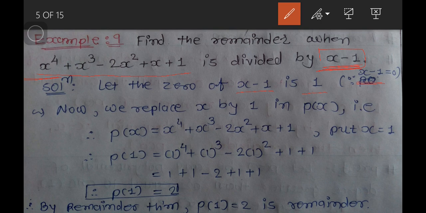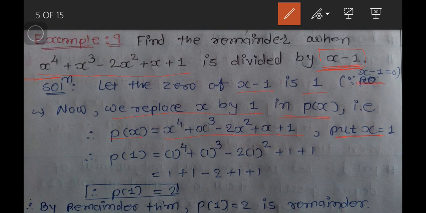Now by the remainder theorem, we replace x by 1 in p of x. That is p of x equals x raised to 4 plus x cube minus 2x square plus x plus 1. And now we put x is equal to 1, as we studied in the remainder theorem.